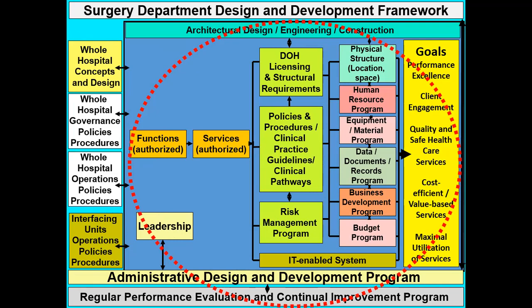See the various boxes with the following labels: leadership, authorized functions, authorized services, goals, architectural design, engineering, construction, fiscal structure, DOH licensing, structural requirements, human resource, equipment, material program, data document records program, business development program, budget program, IT-enabled system, risk management system, policies and procedures, and of course, the regular performance evaluation and continual improvement program.